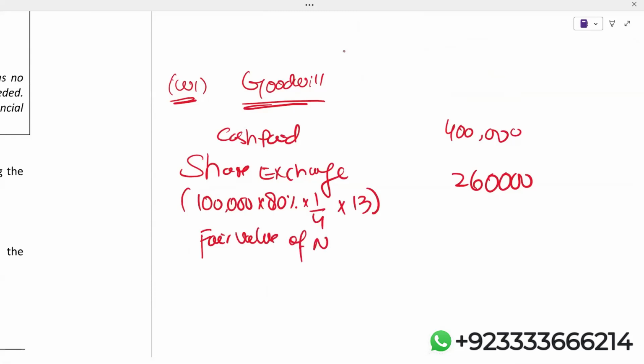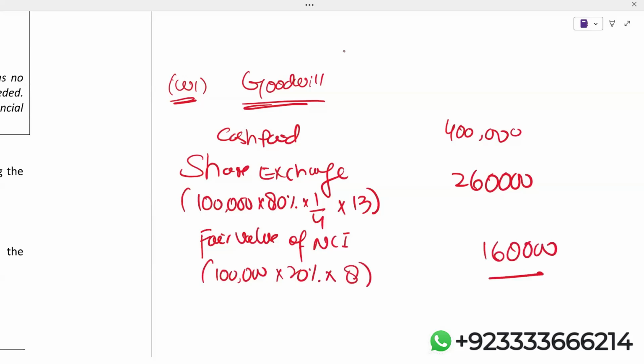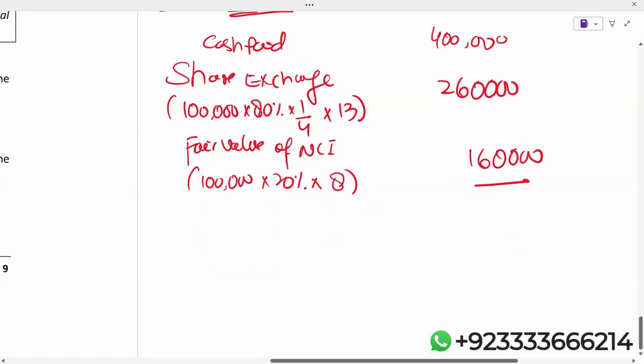Then fair value of NCI: 1 lakh, 20%. Share price was 8. 160. Let me use the calculator. 4 lakh plus 260 plus 160 gives us a total of 8 lakh 20,000.